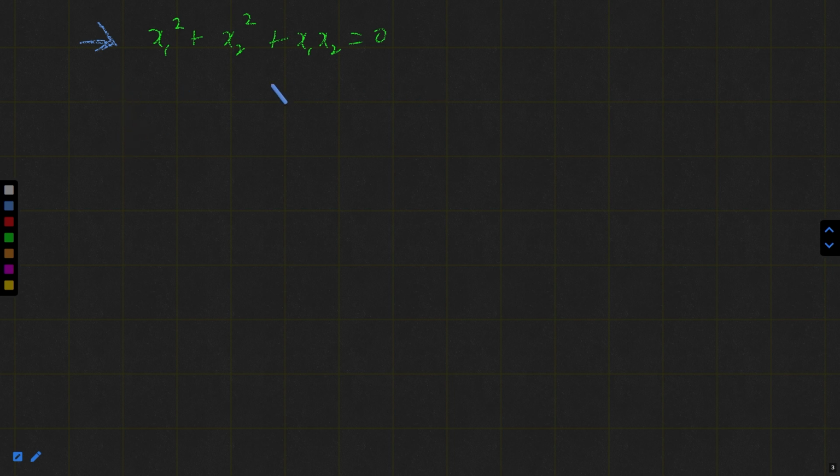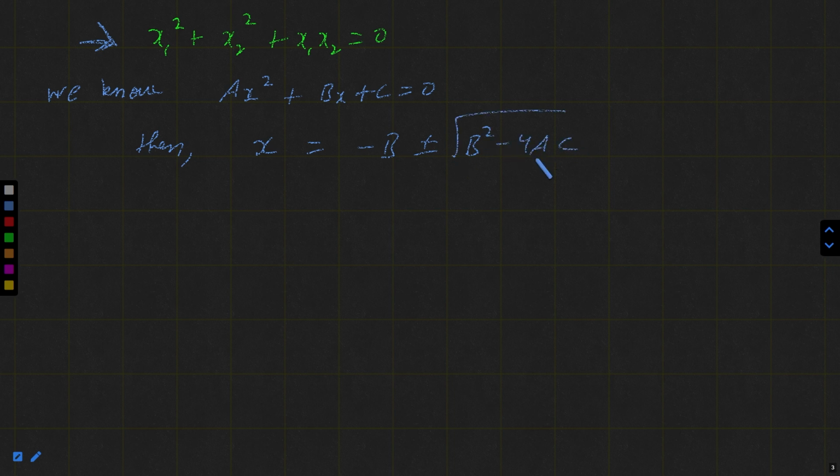Now what? I am going to apply the quadratic formula. How? Let's see. We know that if ax square plus bx plus c is equal to 0, then x is equal to minus b plus minus root of b square minus 4ac, divided by 2 times a.